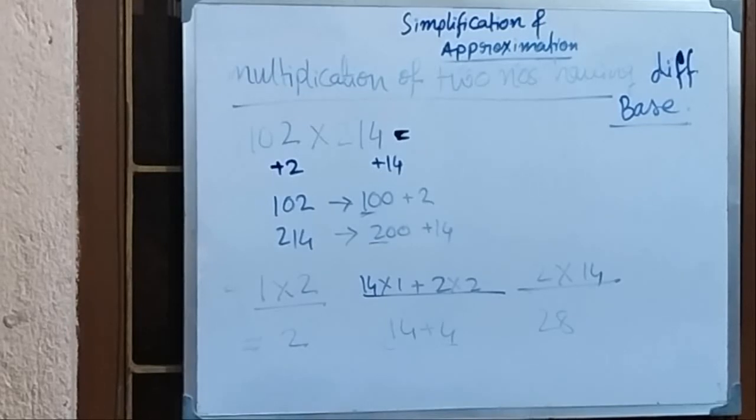The first number has 100 base and the second number has 200 base, so that particular base you have to multiply. So 1 into 2, and in the second box the extra part will get multiplied in the form of cross multiplication. So 14 into 1 plus 2 into 2 in the second box, and in the third box 2 into 14, the extra part would be multiplied.